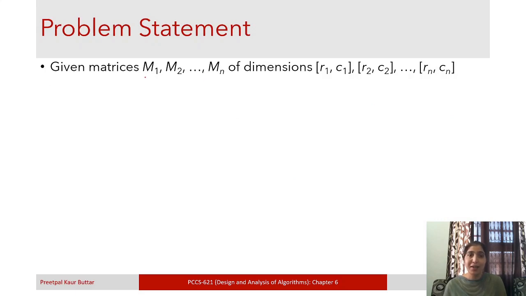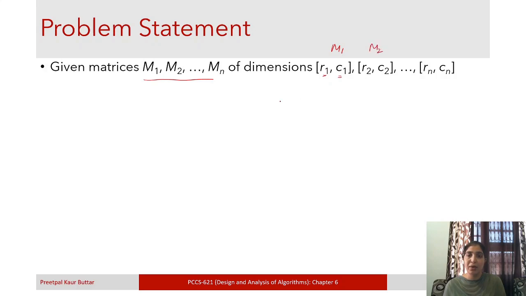You are given a number of matrices m1, m2, ..., mn, and each matrix has dimensions. So m1 has dimensions r1 into c1, where r1 is the number of rows in m1 and c1 is the number of columns in m1.